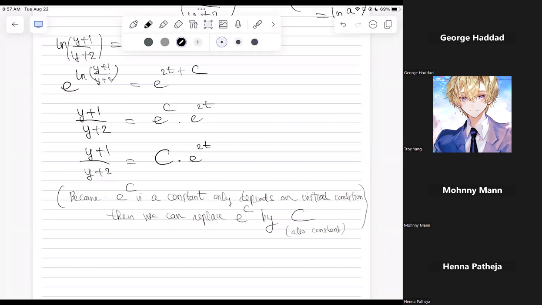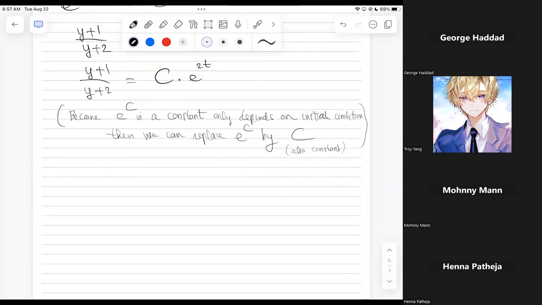Okay, so we finish this step, but we need to find y, right? We need to solve for y. We have an equation between y and t, but we need to solve for y. How can you solve for y here? You just multiply both sides by y plus 2. So we have c times e to the t times y plus 2.